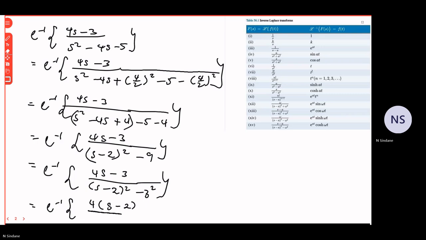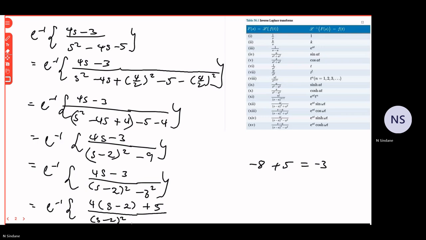If I multiply 4 by negative 2, it gives me negative 8. Now, how do I make sure I can come back to the original? If I say negative 8 plus 5, this gives me negative 3. So here I must also add positive 5, divided by s minus 2 squared minus 3 squared.